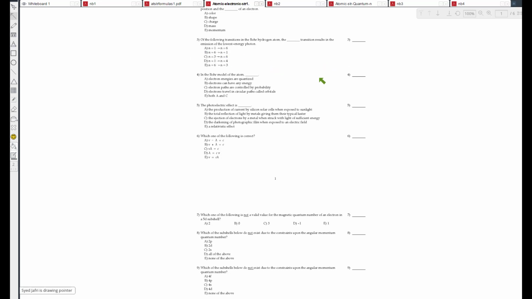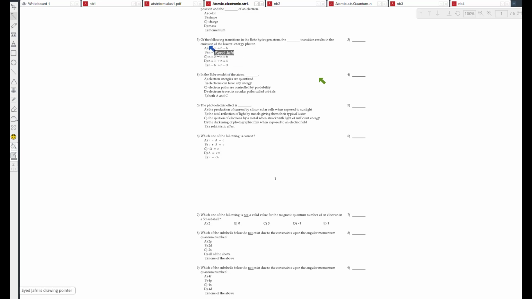Which question are we doing? 3. Now look here in this case. 6 to 3, lowest energy photon. Your answer is correct, because the other one, 6 to 1, is a big difference, the largest. That's correct.